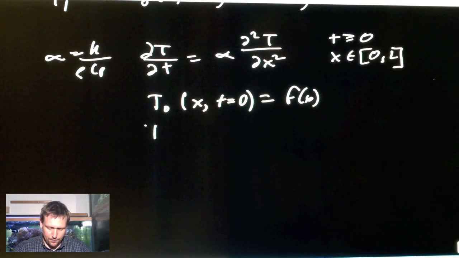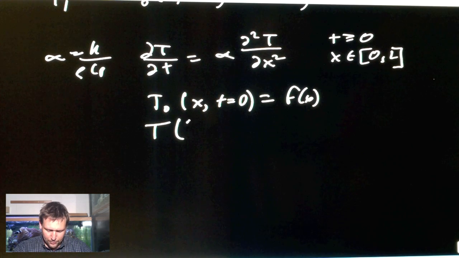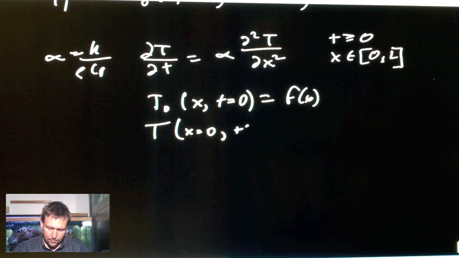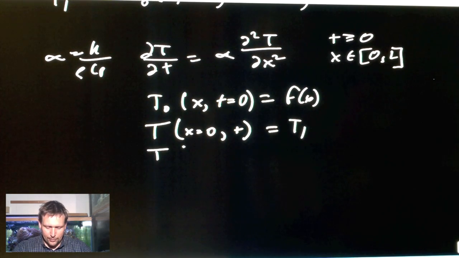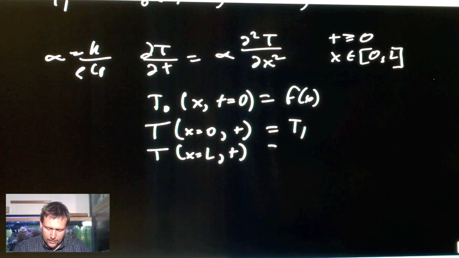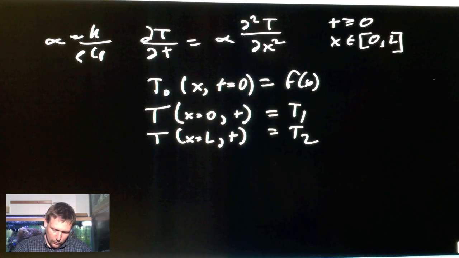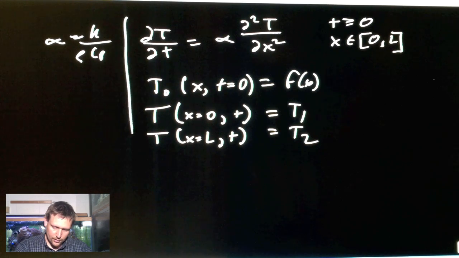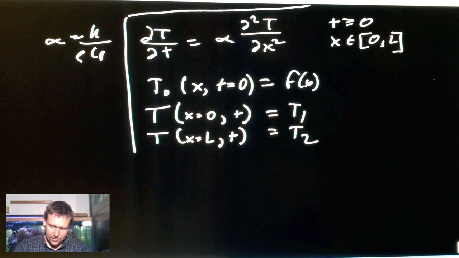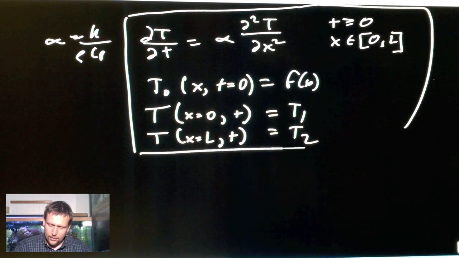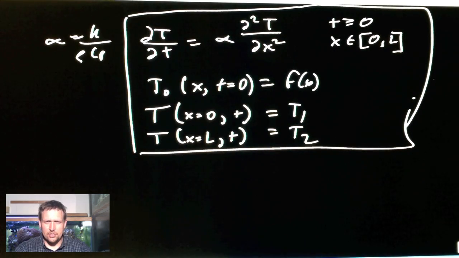We have the temperature at position x equals 0 for all time equals T1, and also the temperature at the other boundary, x equals L, for all time equals T2. This set of equations here constitutes the actual partial differential equation description for heat conduction through this rod.